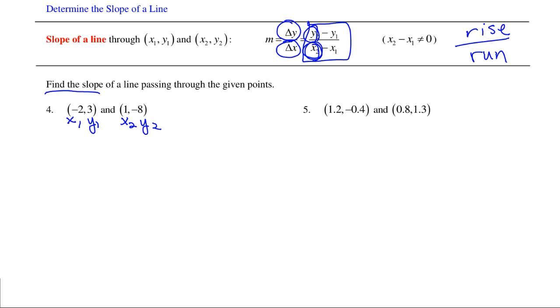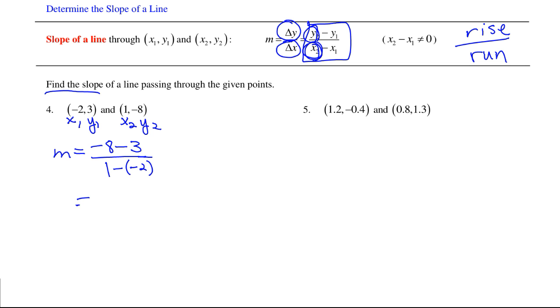So my slope, m, equals, I want y2 minus y1, so -8 minus 3, divided by x2, which would be 1, minus x1. That's a -2. Be careful about the signs. You need to account for both negatives there.